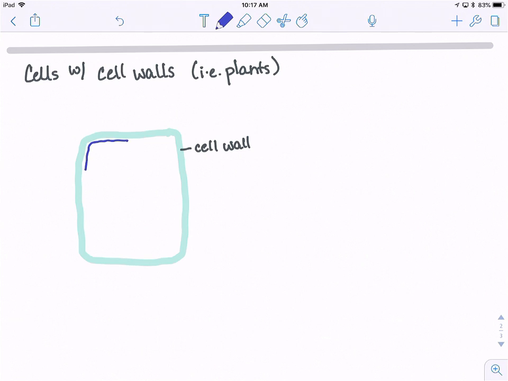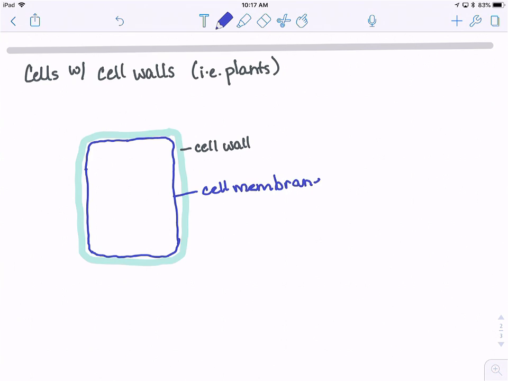Inside here. So the cell wall is rigid. The movement of water into and out of the cell isn't going to have an impact on the cell wall, but it's still going to have an impact on the cell membrane.